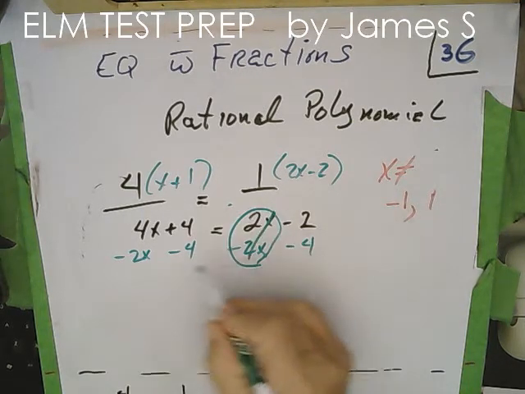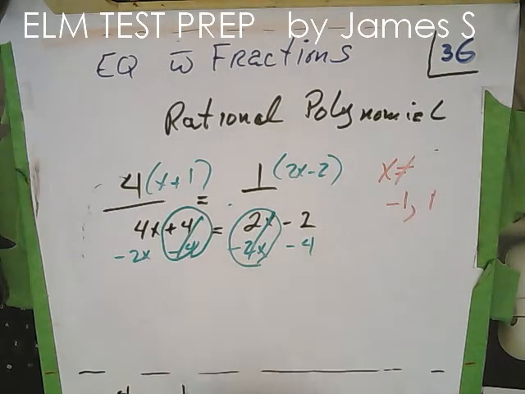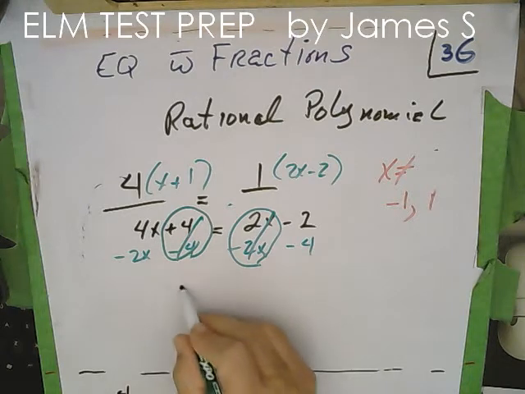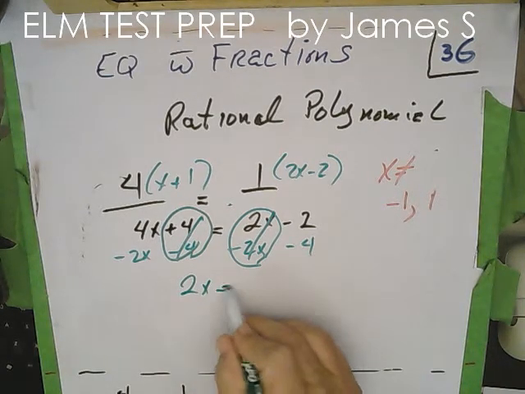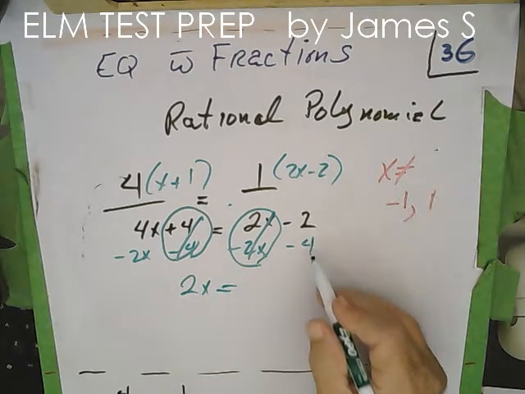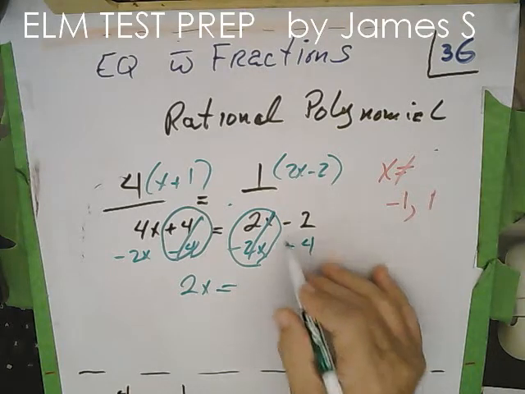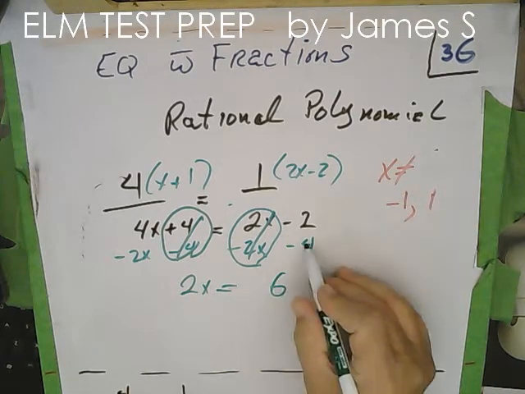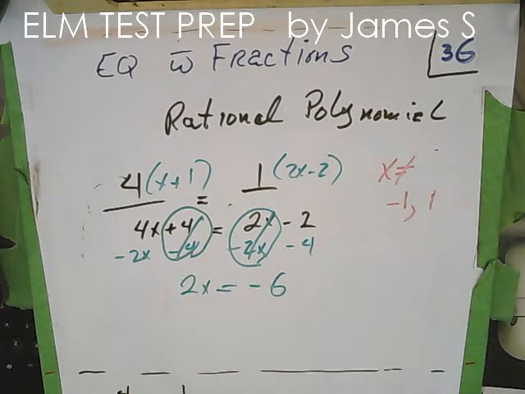This goes to 0. 4 minus 4 goes to 0. 4x take away 2x is 2x equals minus 2 minus 4. They're the same sign, add their value, and keep the sign of the larger. Minus 6. Then I'm going to divide both sides by 2 and get a final answer of x equals minus 3.